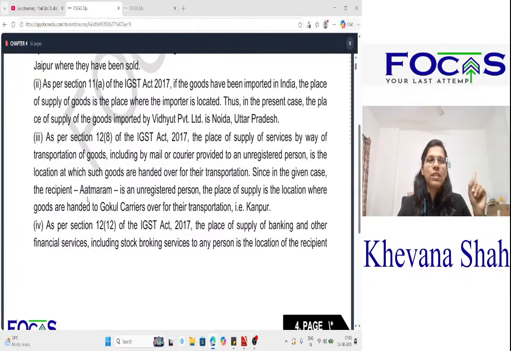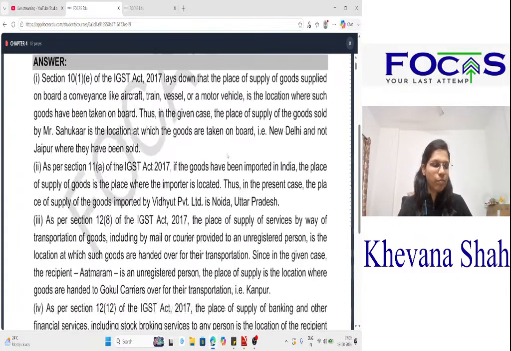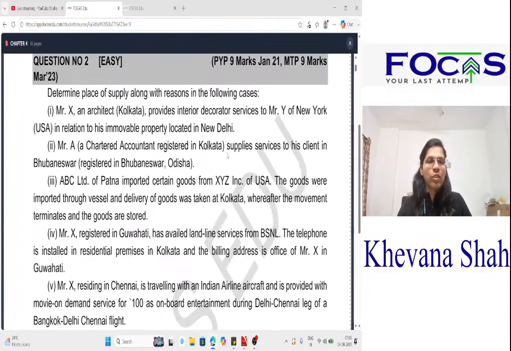So in this case the recipient Atmaram is an unregistered person and the place of supply is the location where these goods are handed to Gokul Carriers for their transportation. So see, they are handed to Gokul Carriers from Kanpur, UP. So your place of supply in this case will be Kanpur, UP.